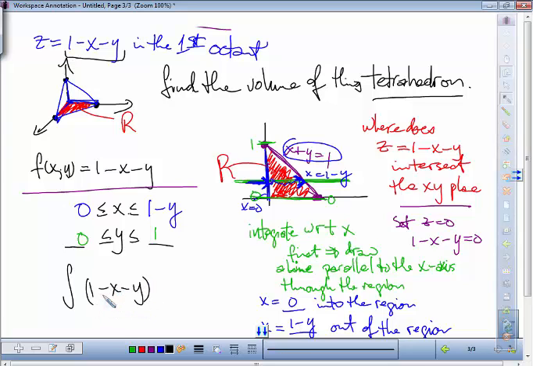We're first integrating with respect to x, and our x limits are going to be from 0 to 1 minus y. And then we're going to integrate with respect to the other variable y, with limits from constant 0 to constant 1.